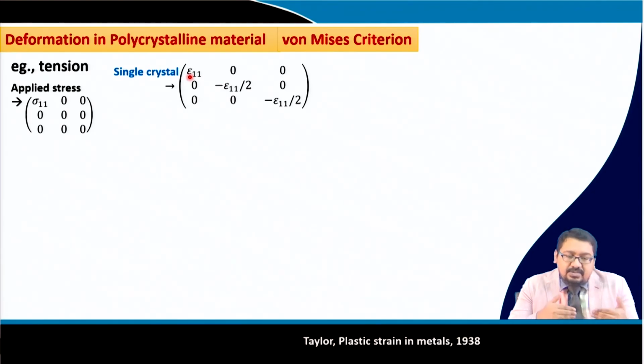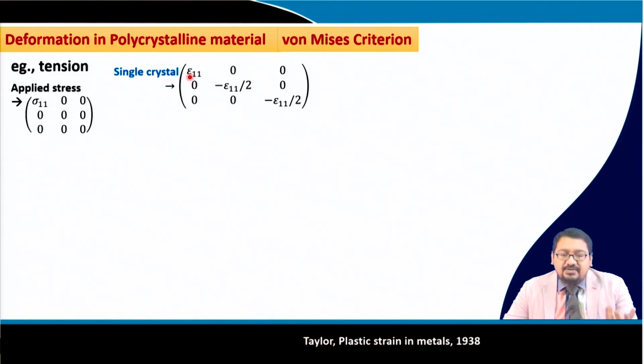So, epsilon 1 1 basically governs epsilon 2 2 and epsilon 3 3. Most of the time, when the material is isotropic, it is equally shared. So, when it is pulled, the x and y directions are compressed almost equally, each equal to half. This situation is very simple, and a single slip system can sustain this strain state.